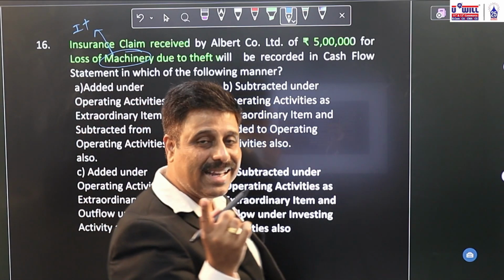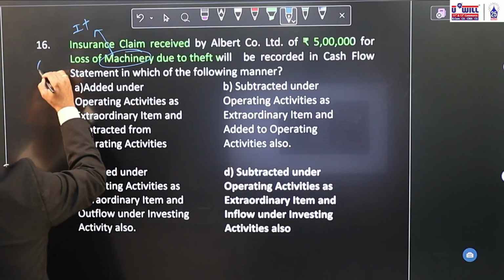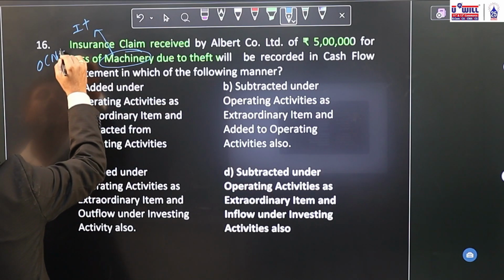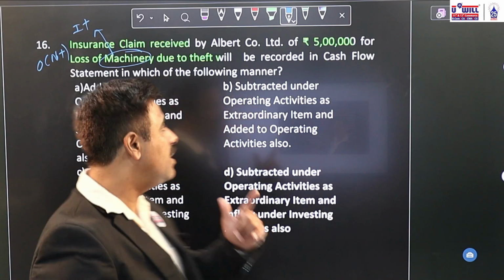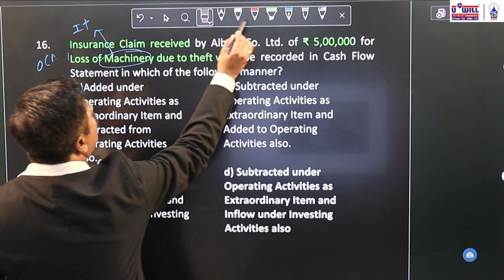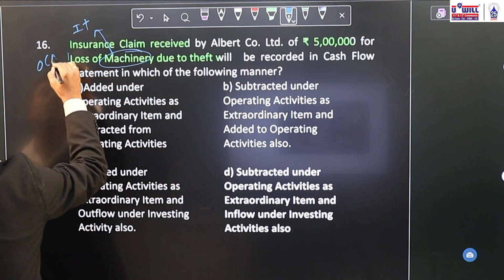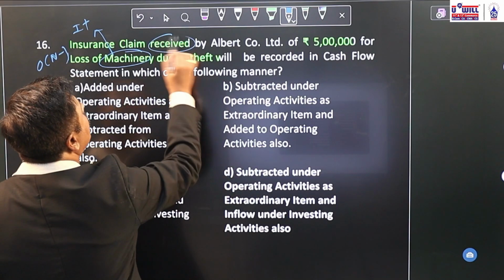And because it is an extraordinary item of income, in the operating activities working notes, we will minus it. Incomes, we will minus. Expenses, we will add. Received means it's an income.